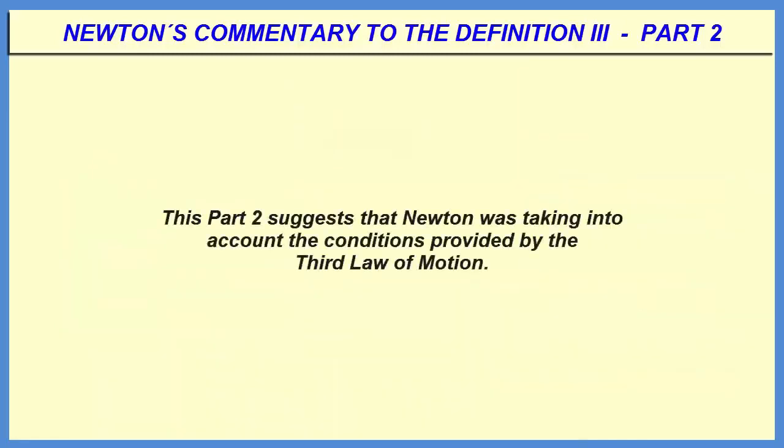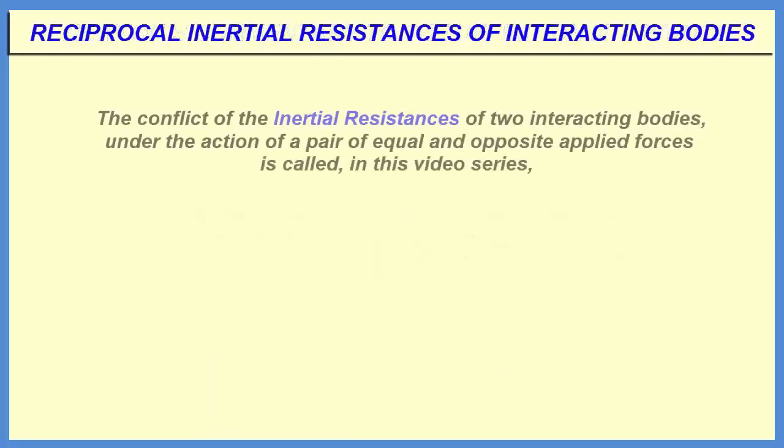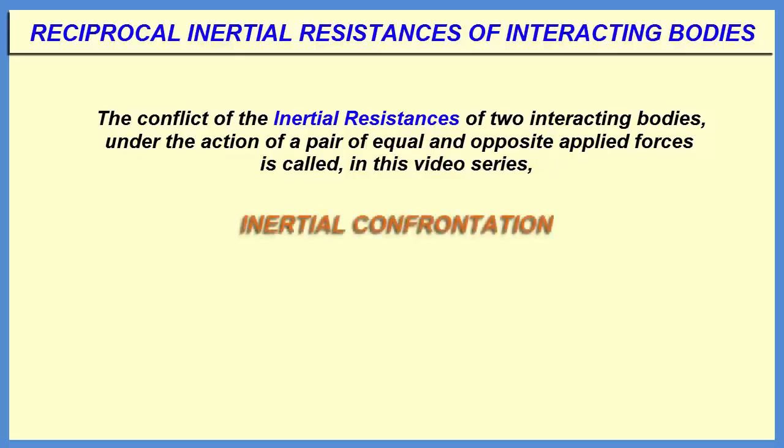This part 2 of his commentary suggests that Newton was taking into account the conditions provided by the third law of motion. The conflict between the inertial resistances of two interacting bodies, under the action of a pair of equal and opposite applied forces, is called, in this video series, inertial confrontation.